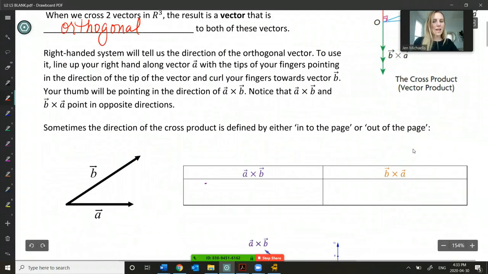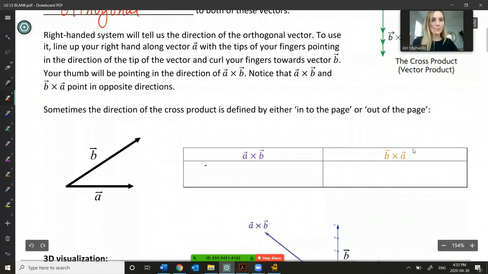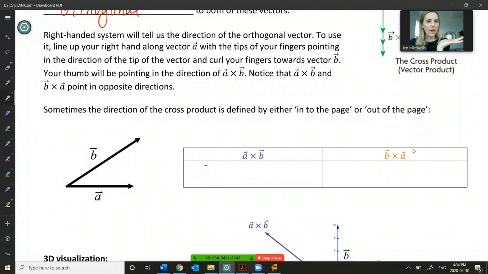So let's just say vector A and vector B lie in our page right now. Sometimes we say into the page or out of the page, just basically to give some kind of indication of direction. So they lie in our paper right now. And if I do A cross B here, I want to line my fingers up with A so that the tips of my fingers point in the direction of A, and I want to be able to curl my fingers toward B. This orientation of my hand seems to work well for that.